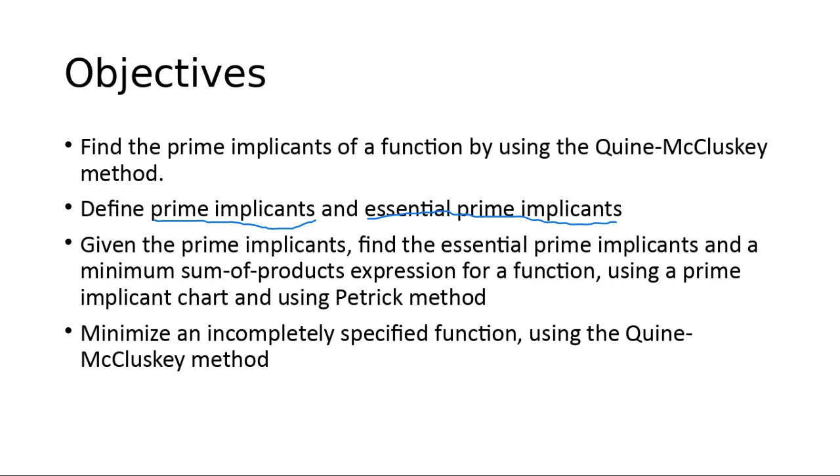Given the prime implicants, find the essential prime implicants and a minimum sum of products (SOP) expression for the function using a prime implicant chart and using Petrick's method. And we will learn to minimize an incompletely specified function using the Quine-McCluskey method.